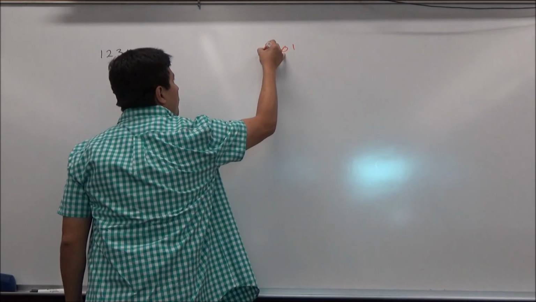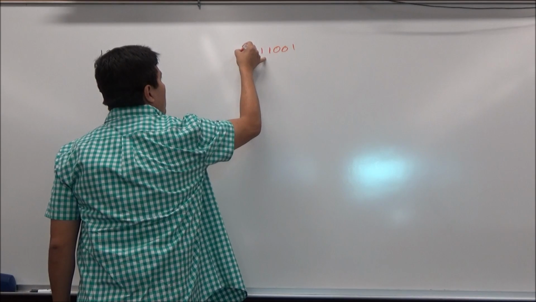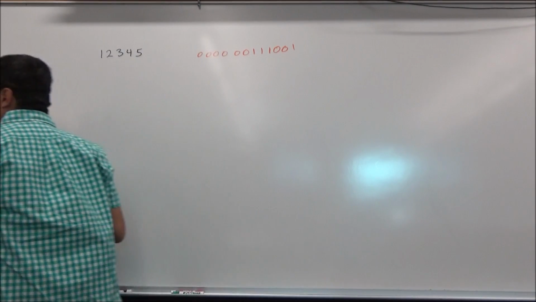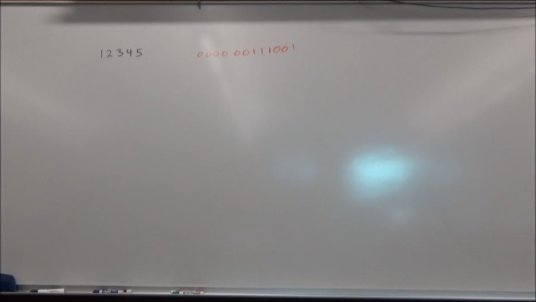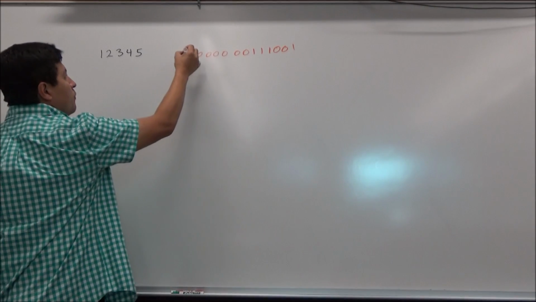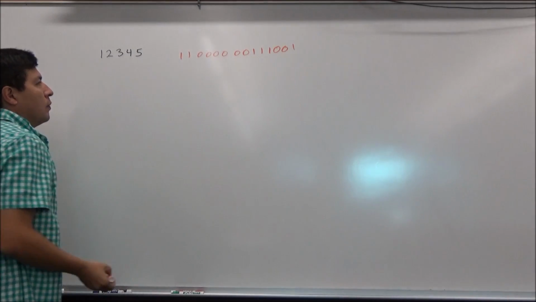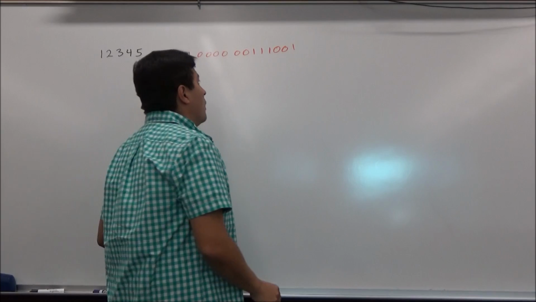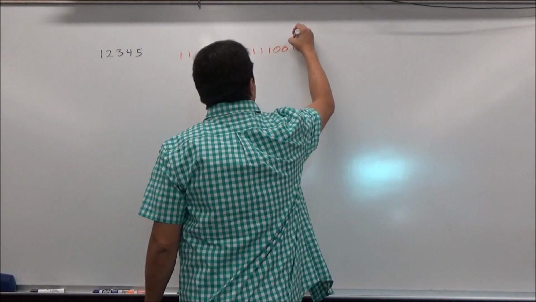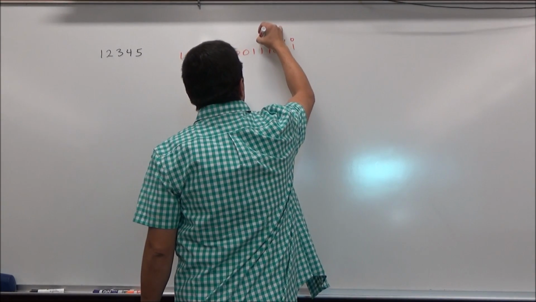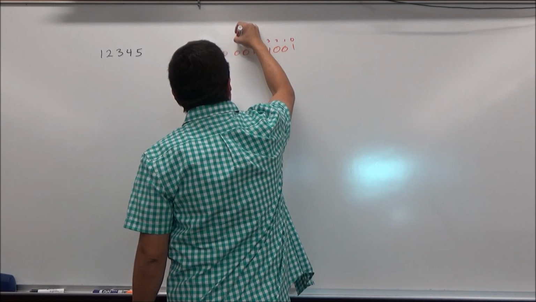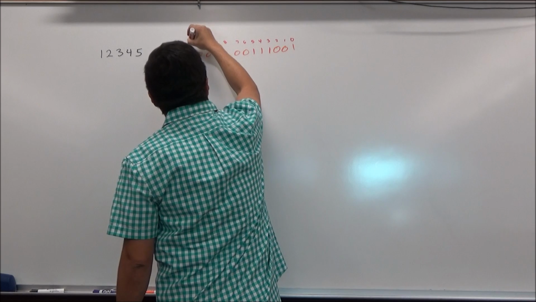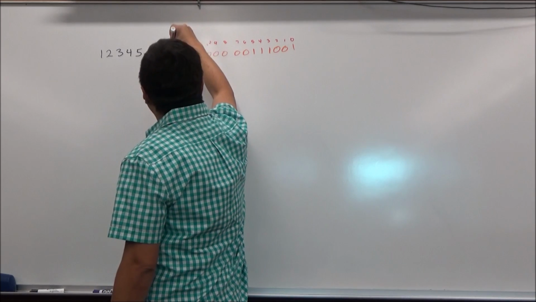Can we read it, please? I got it. 6 zeros and then the first, just 1 1. So, let's look at positions here. 0, 1, 2, 3, 4, 5, 6, 8, 9, 10, 11, 12, 13.